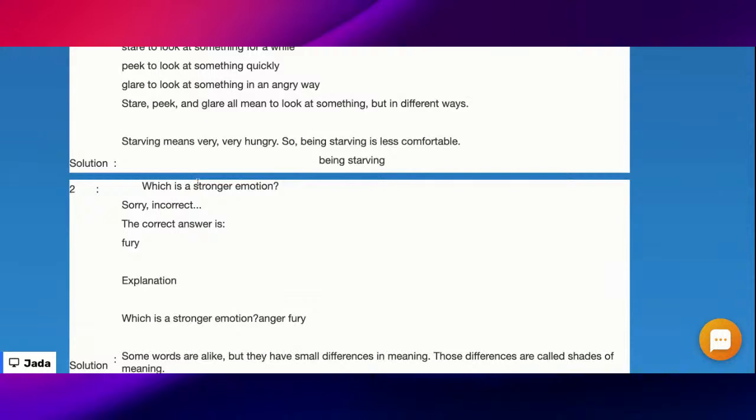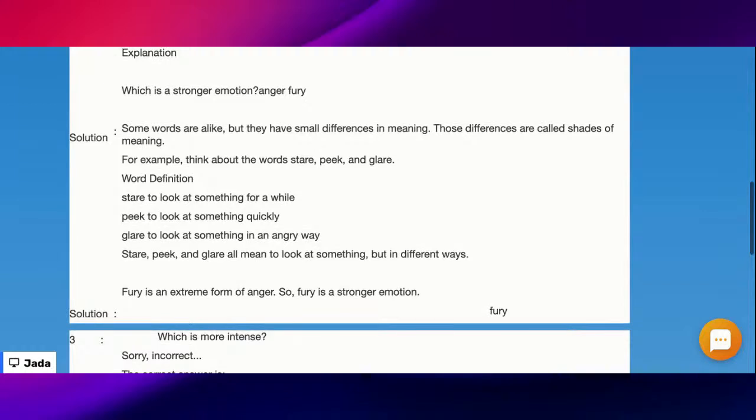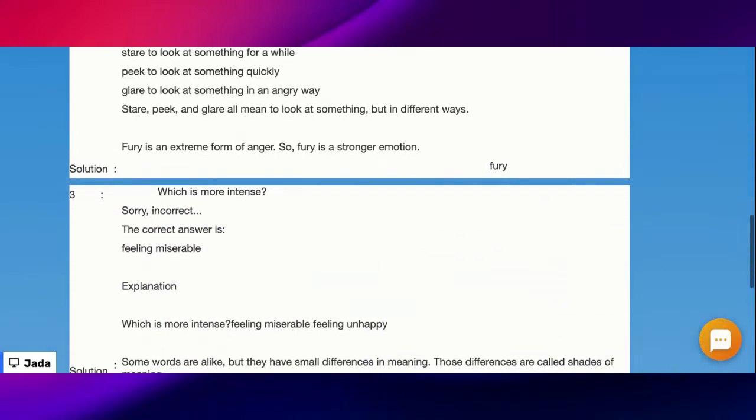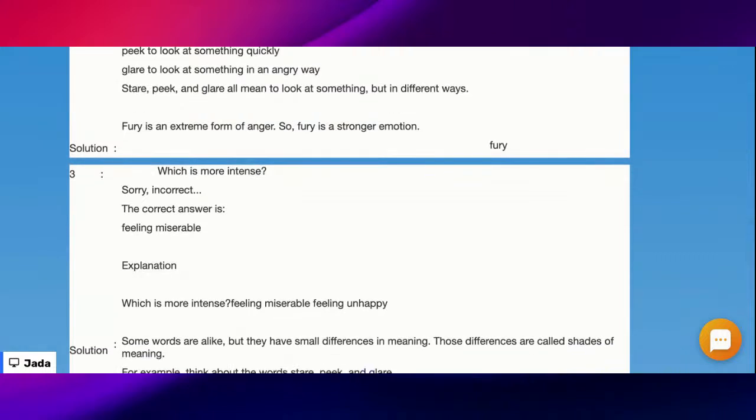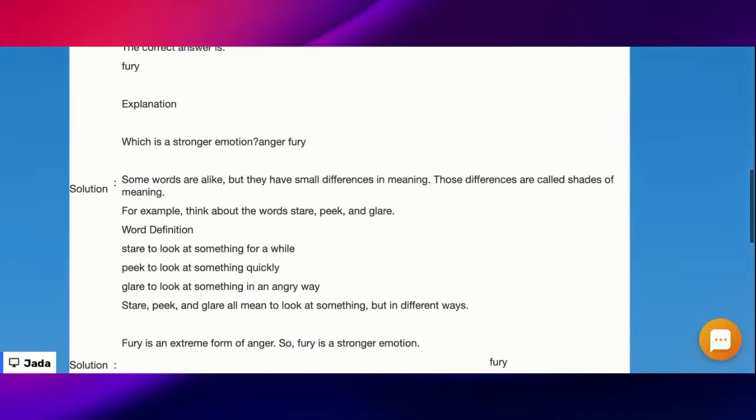Which is a stronger emotion, fury or anger? So if fury is like an extreme form of anger, if you see the person is like fury, you like, oh, this is a very strong emotion, this person is really angry. Then which is more intense? Okay, we said this.